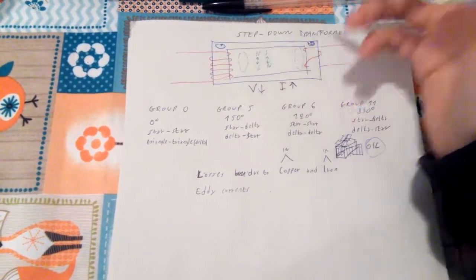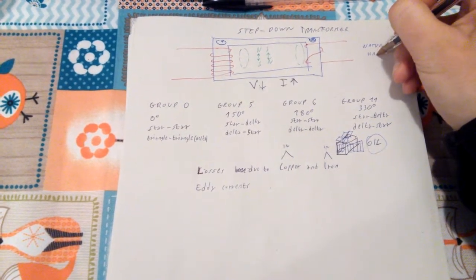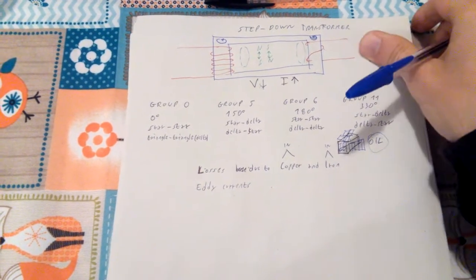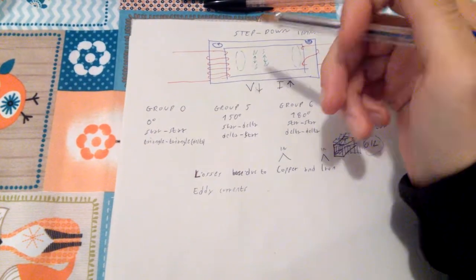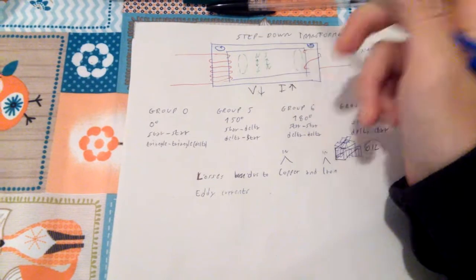And those currents, since nature hates change, are going to be opposite to the flow of current, so to the induced magnetic field.